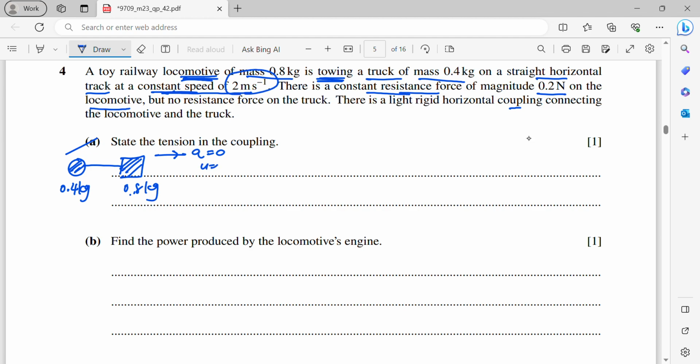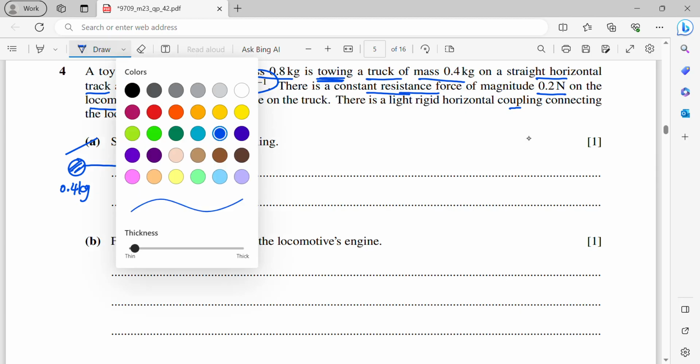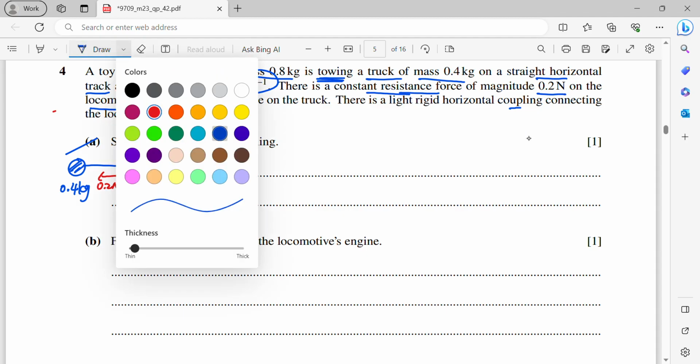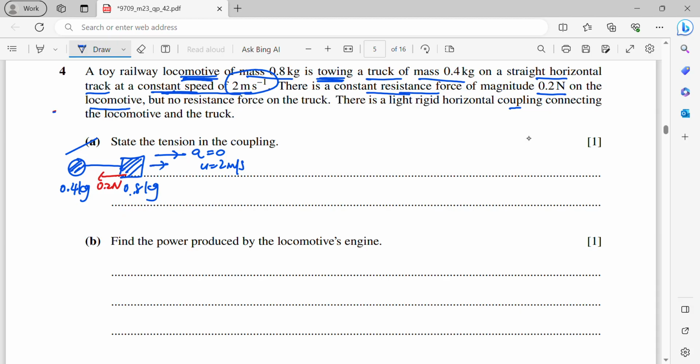So u is 2 meters per second. There is a constant resistance force of 0.2 Newton on the locomotive, so here I will have 0.2 Newton. And there will be a driving force acting on the locomotive. There is a light rigid coupling connecting the locomotive and truck, which means that here you will have tension.